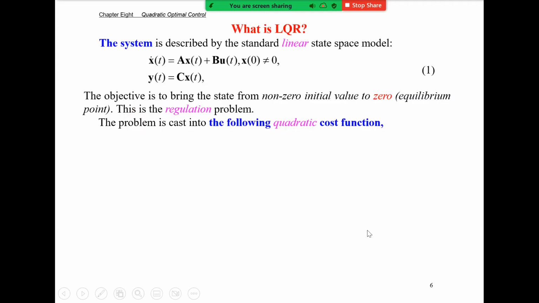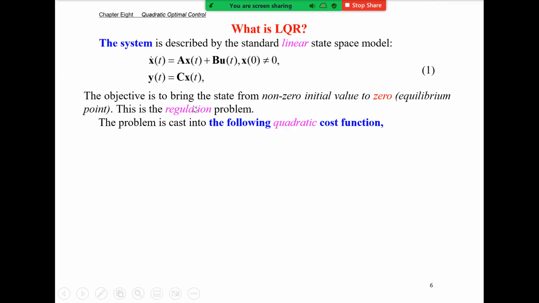Okay, let's formulate the problem mathematically. So what is LQR? Of course we use this A, B, C, and now you are all familiar with the standard form of a state space model.